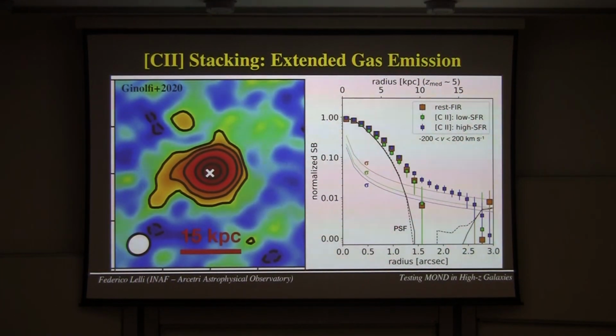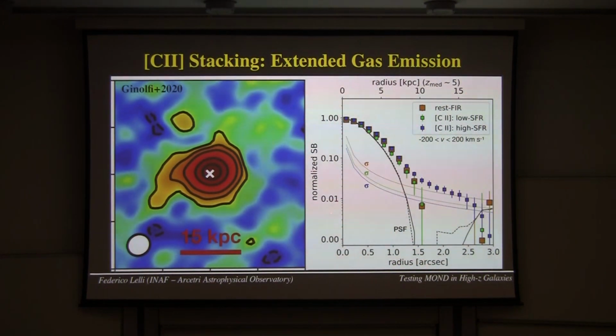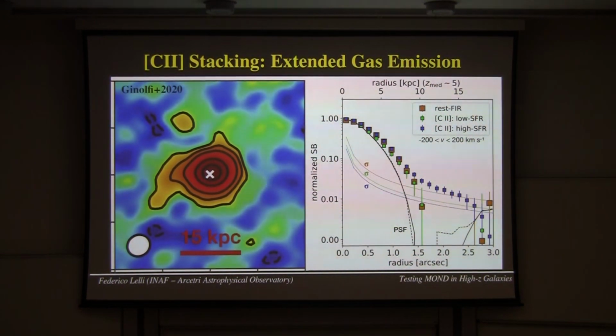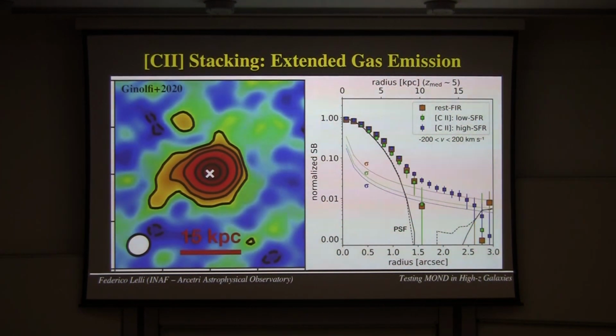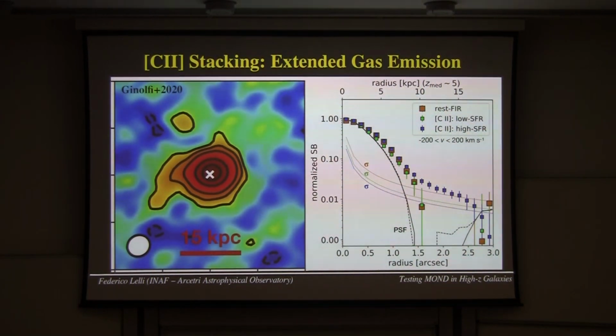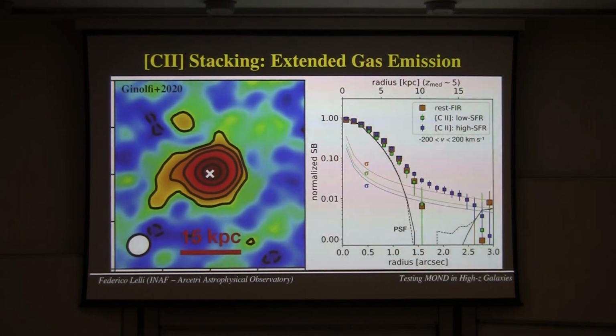And for example, this is the normalized C+ surface brightness profile. I think it's quite solid up to here. So the C+ on average may reach radii of 10 kpc, again assuming the usual angular diameter distance relation, and possibly there is also this tail up to 15 or 20 kpc.